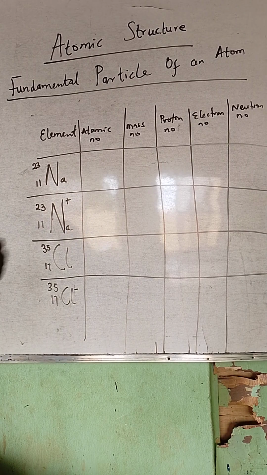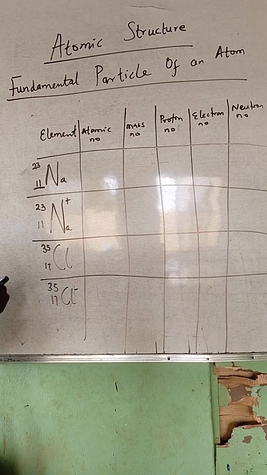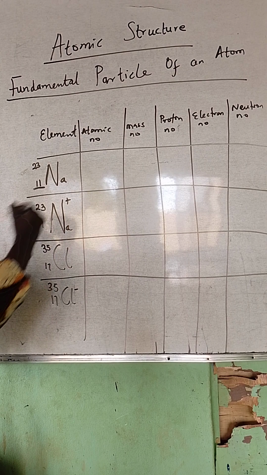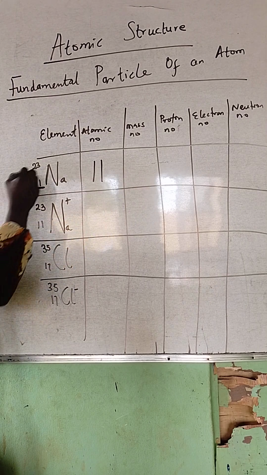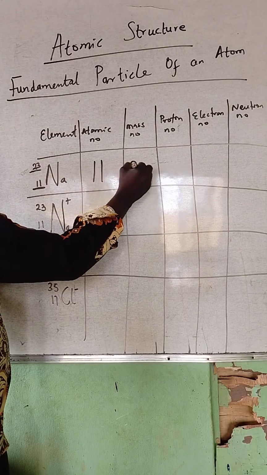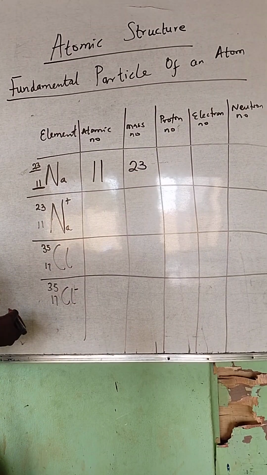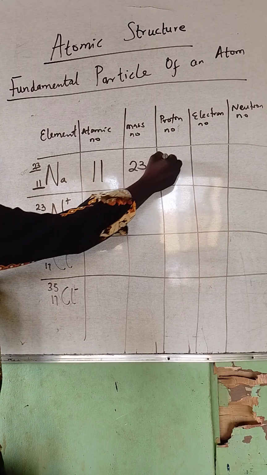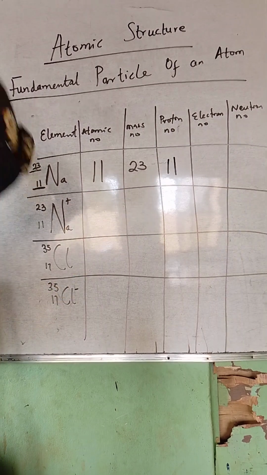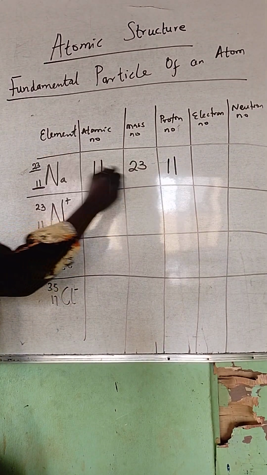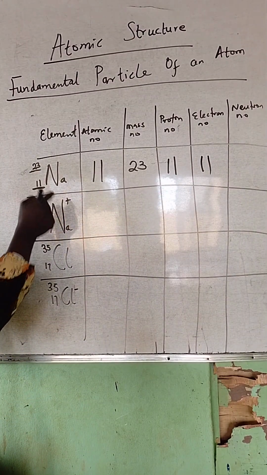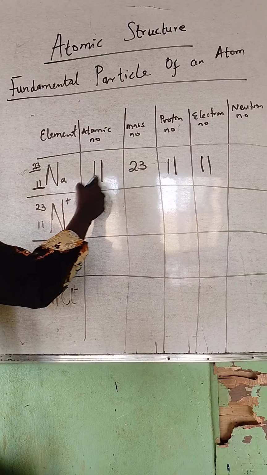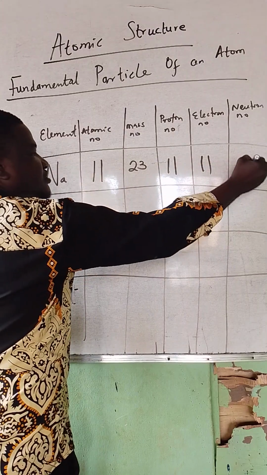The number of protons is the same as the atomic number, which is 11. The mass number is 23. If it's neutral, with no charge, you have 11 electrons. Then the neutron is 23 minus 11, that is 12.